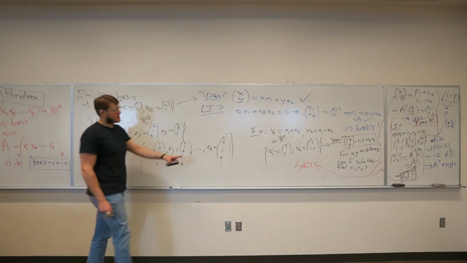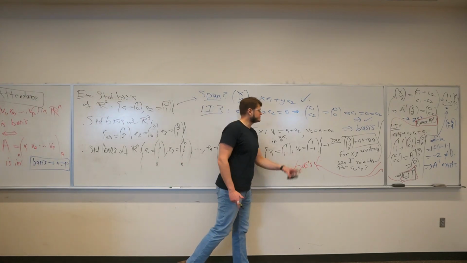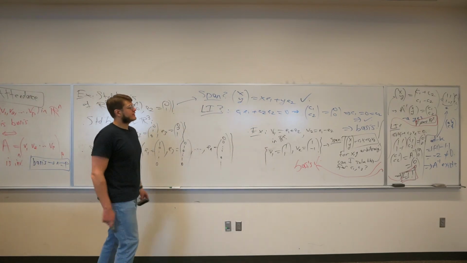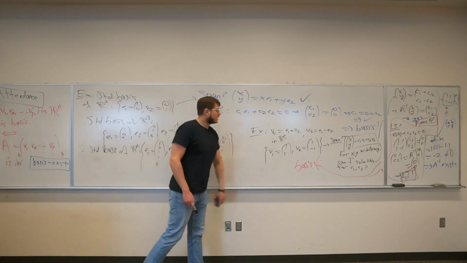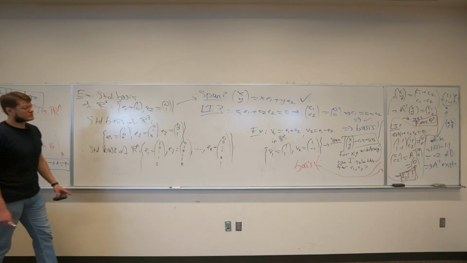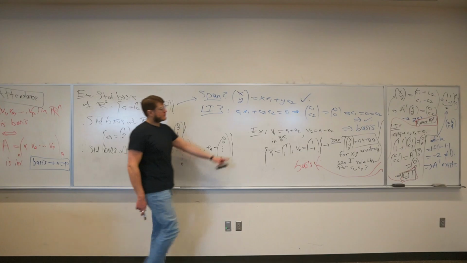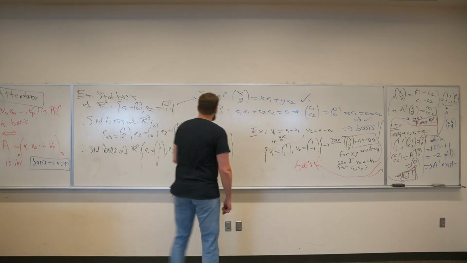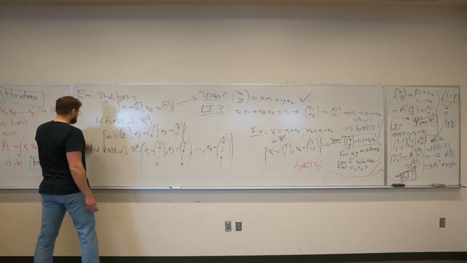So I want to take the same example, but I want to interpret it in 3 dimensions. So I'm going to say, oh, these 2 vectors, but the third entries are 0. Or I can say, I'm going to think of E1 and E2 to be in R3. That's valid to do.